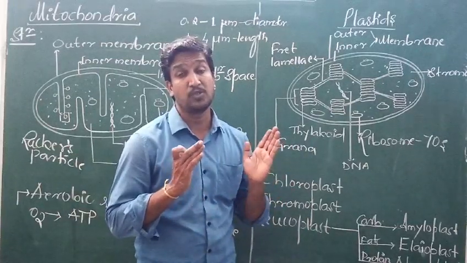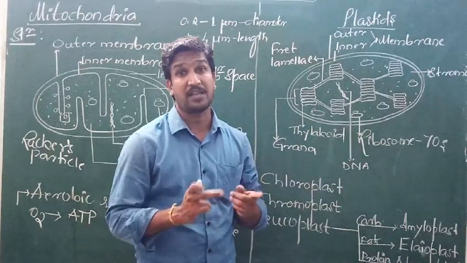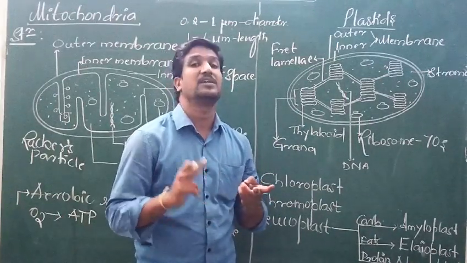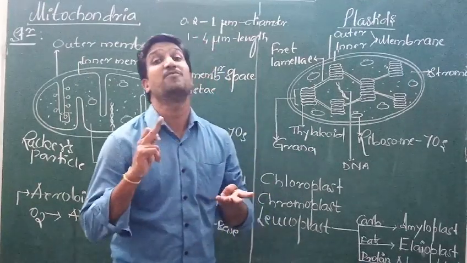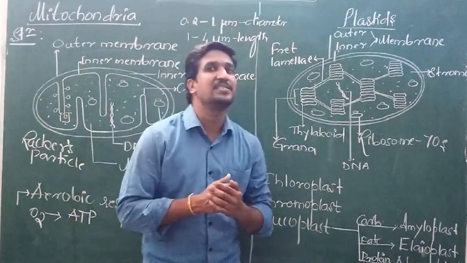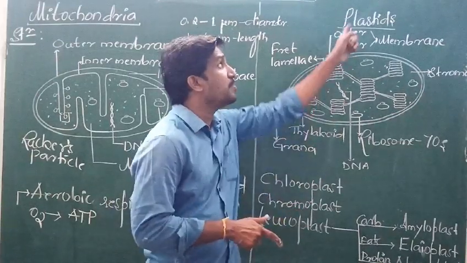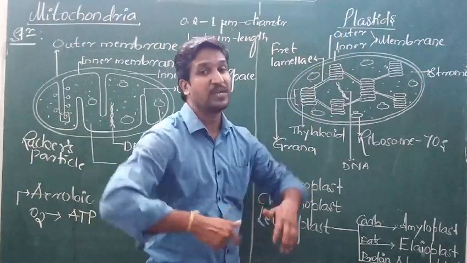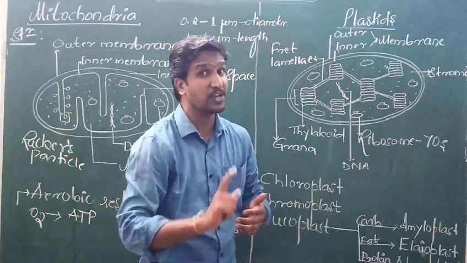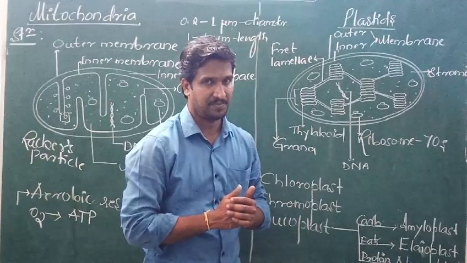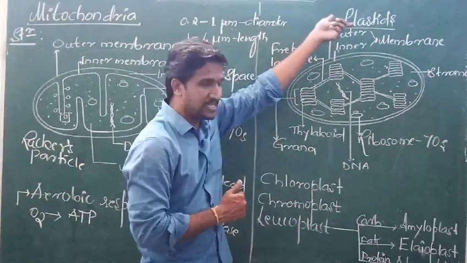They are present usually only in kingdom Plantae; absent in kingdom Animalia, absent in kingdom Monera, absent in kingdom Fungi. In kingdom Protista, one class, euglenoid, contains plastids. Euglena contains a plastid, which is why it is self-synthesizing. Only the class euglenoid of kingdom Protista. NEET level questions these are. So let me tell you about plastids.